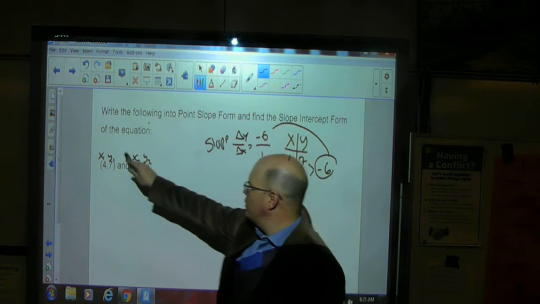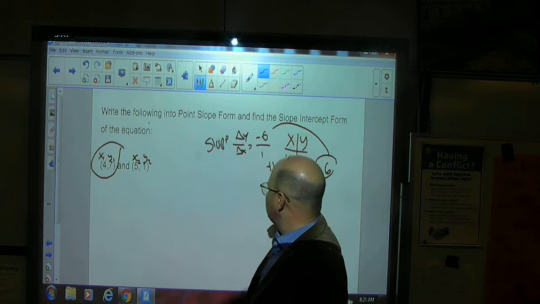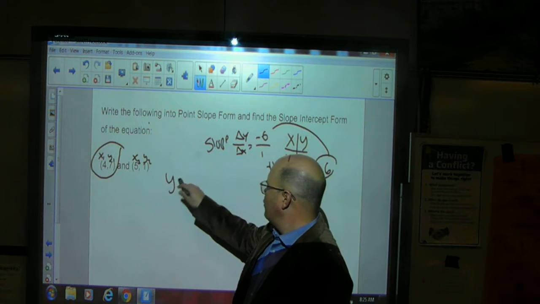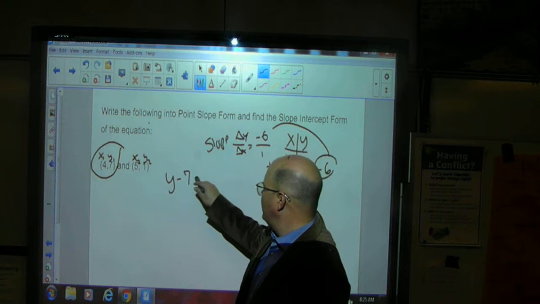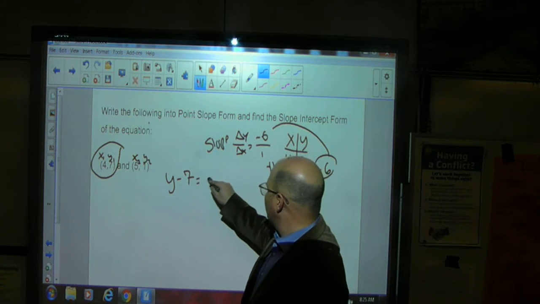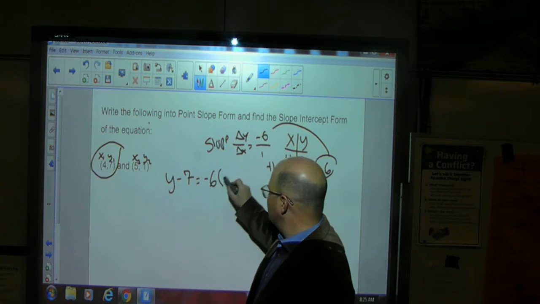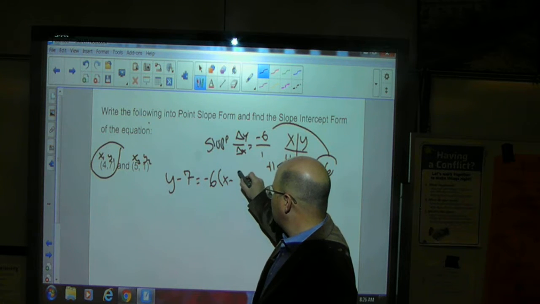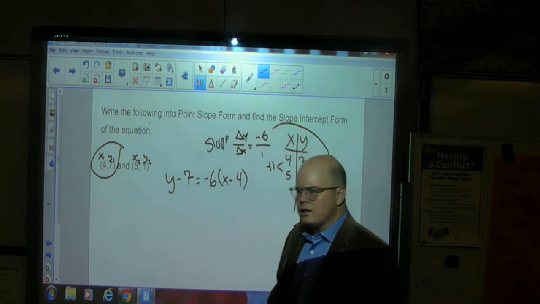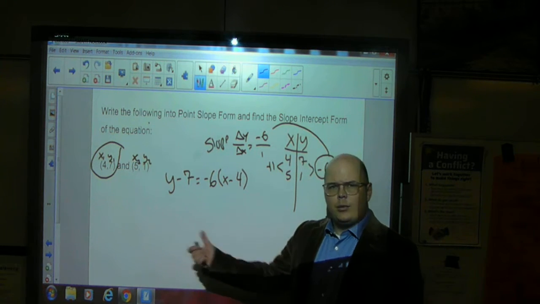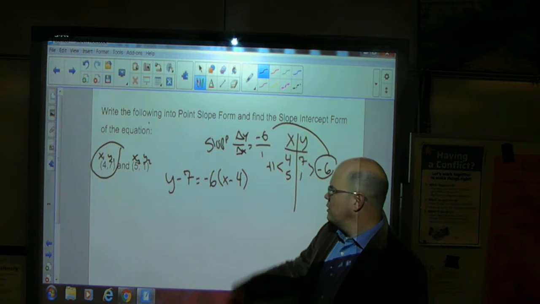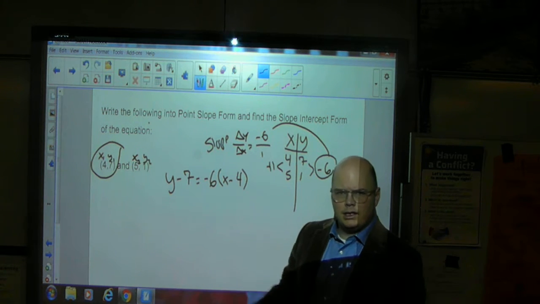I'm going to use that coordinate set because it's easy. I'm going to go y minus my y1 is equal to my slope, which is -6, times x minus my x1, which is 4 in this case. Now that I've got it into point slope form, I'm going to distribute, and then I'm going to isolate.